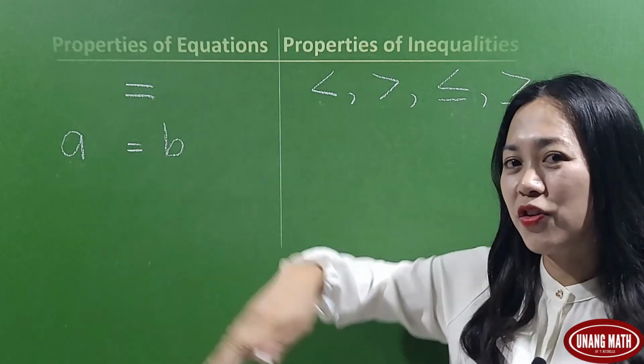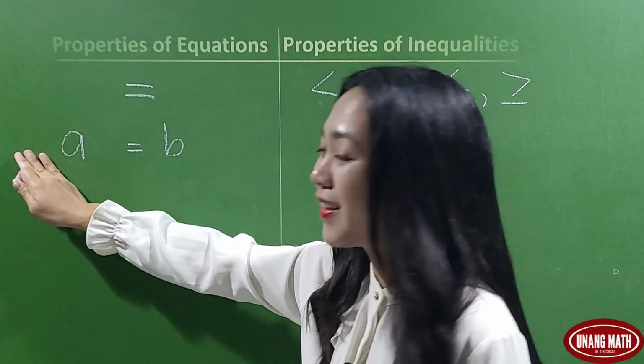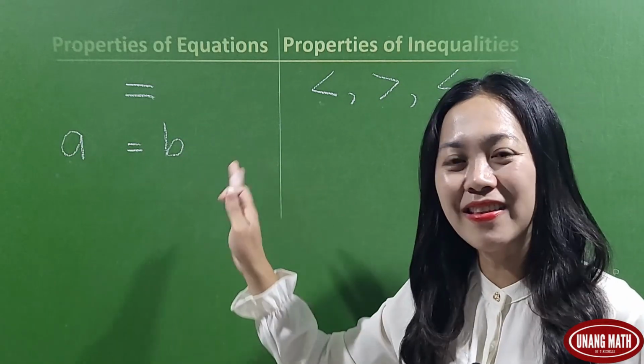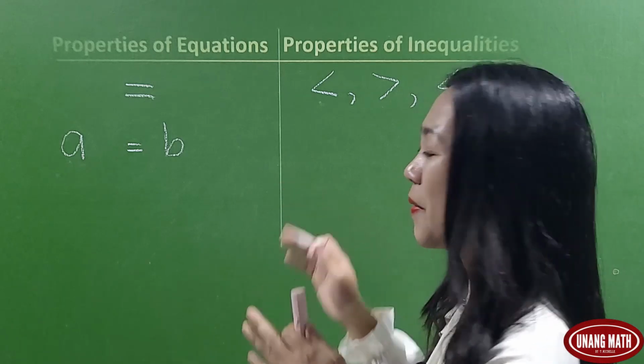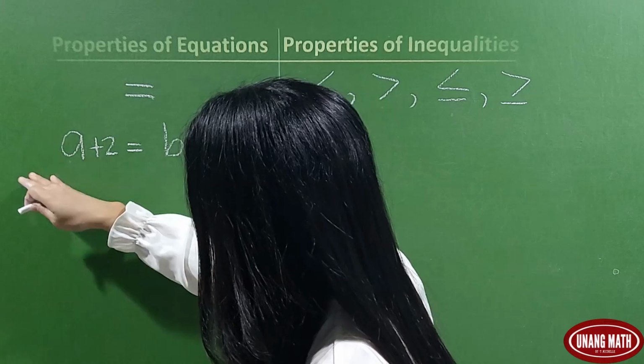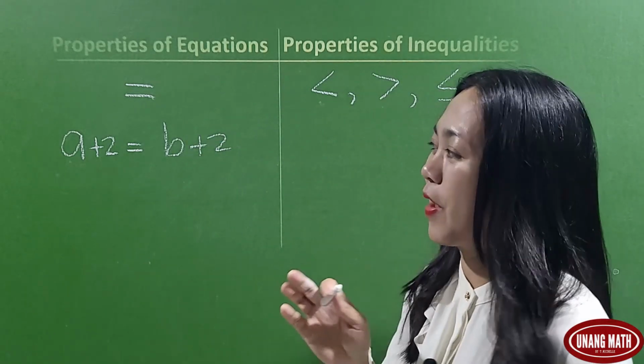Properties of equations mean that whatever you do on the left side of the equation, you have to do it also on the right side of the equation to make the numbers equal. So if you add 2 on the left side, you have to add 2 also on the right side of the equation.